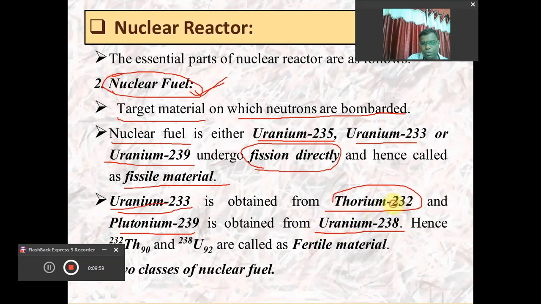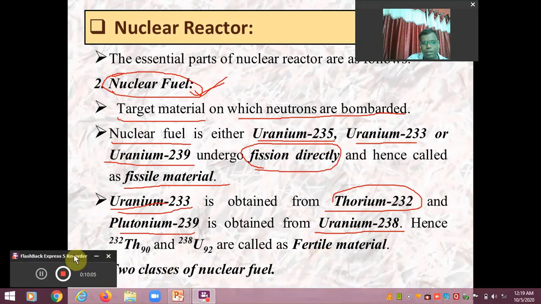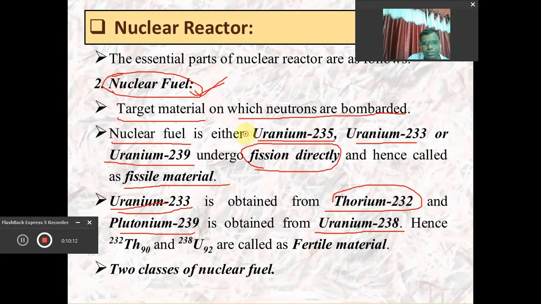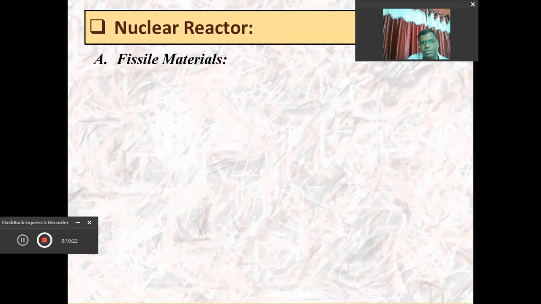Hence, thorium-232 and uranium-238 are called fertile material. These materials do not undergo fission directly; this type of material initially gets converted into another one, and later on it undergoes fission. So based upon this, there are two types of nuclear fuels.